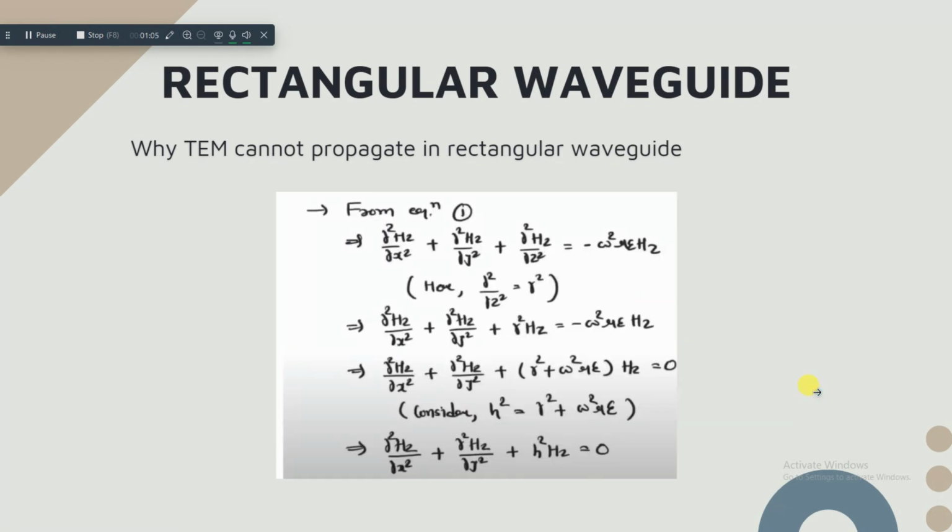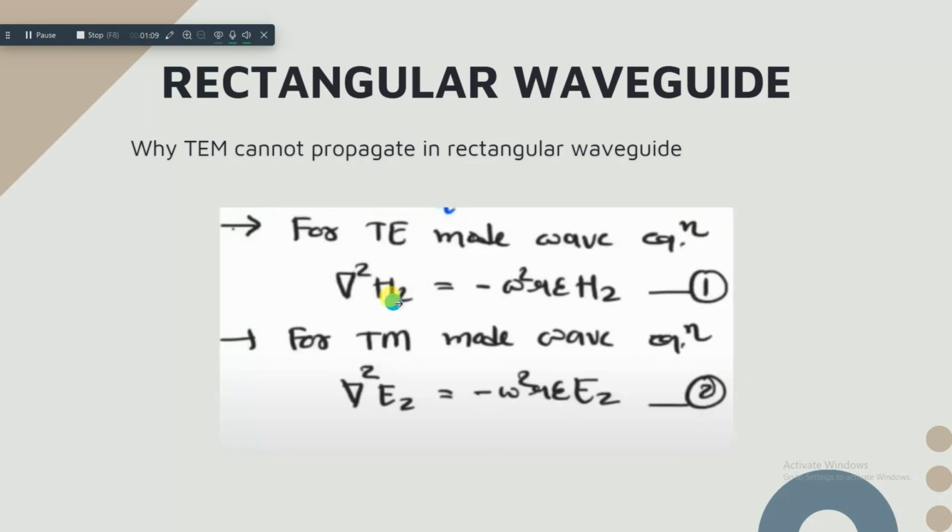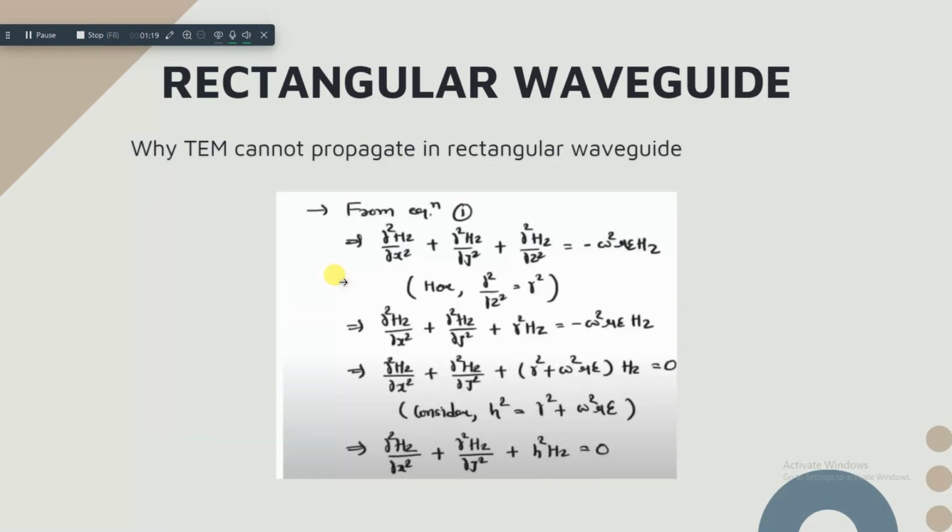Moving on, equation 1 was del squared Hz equals minus omega squared mu epsilon Hz. We will now expand this del squared and multiply. After doing that, we denote del squared by del z squared equals gamma squared.